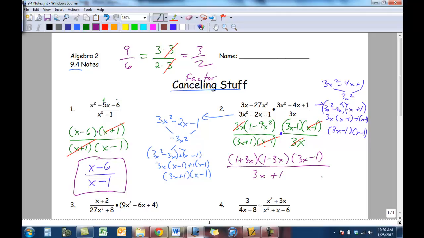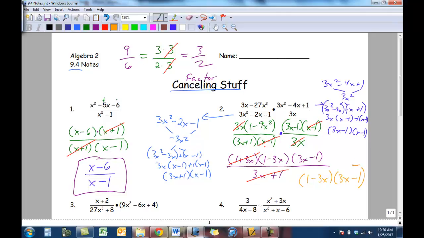Hey, check this out. Is 1 plus 3x the same thing as 3x plus 1? Indeed it is. So those two can cancel out. Your final answer here is 1 minus 3x times 3x minus 1.